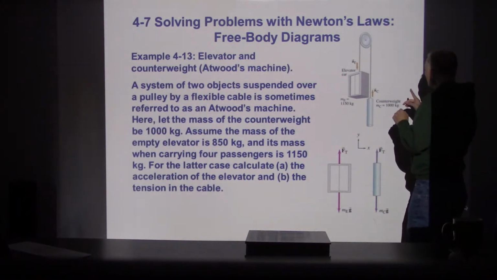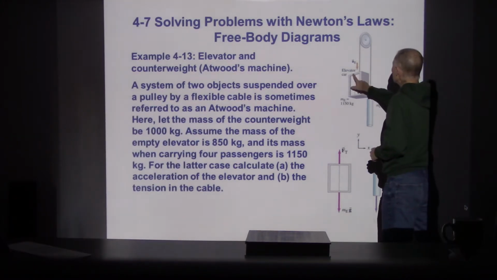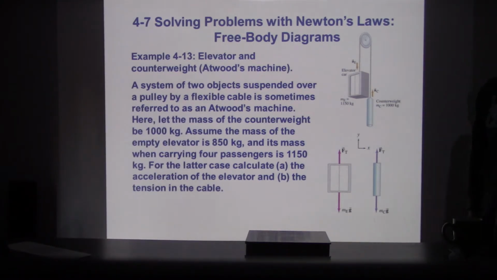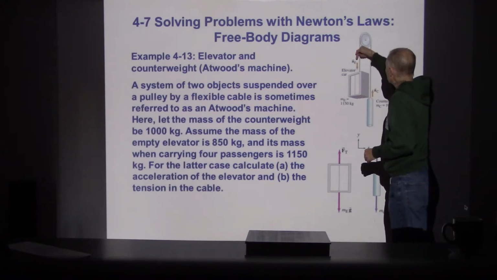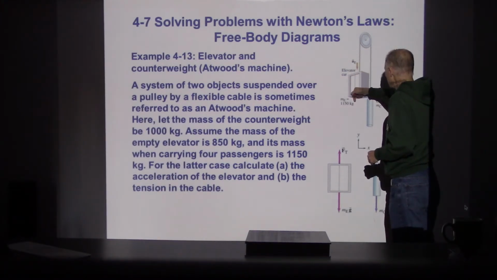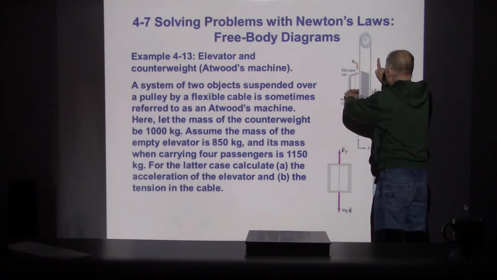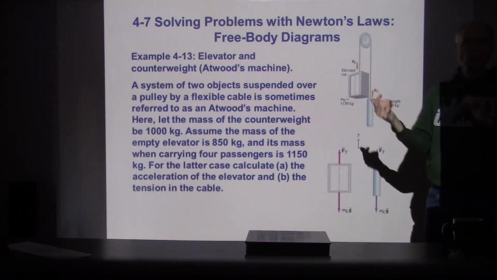Now, what we have to pay attention to here then is, are the accelerations in the same direction? And that depends on what you mean by same direction. So right now they're saying the elevator is accelerating downwards, and the counterweight is accelerating upwards. Now that's the same amount of acceleration, but one is downwards and one is upwards.